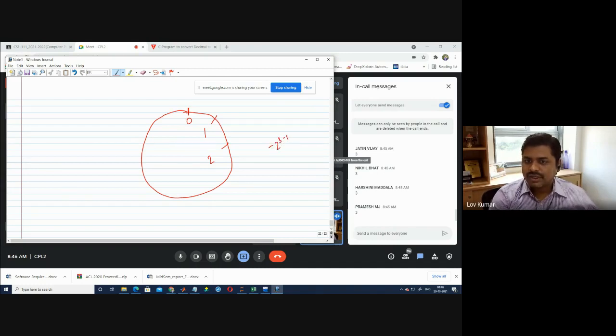Minimum is -2 to the power 2, which is -4, and maximum is 2 to the power 2 minus 1, which is 3. So it represents -4 to 3. We write 0 1 2 3, then -4 -3 -2 -1.